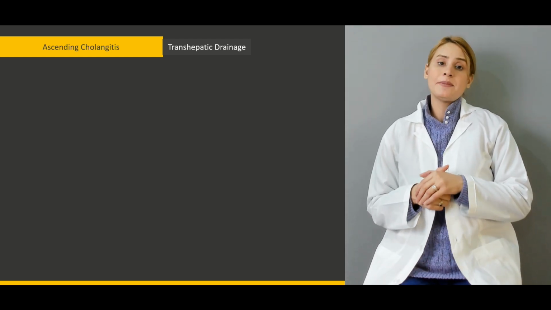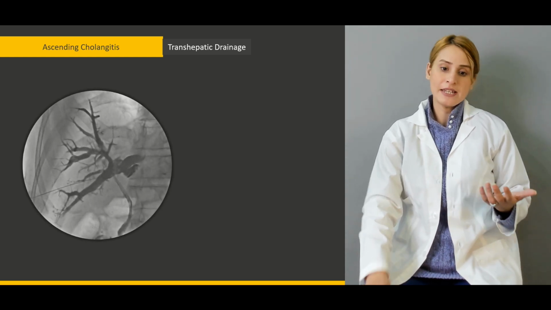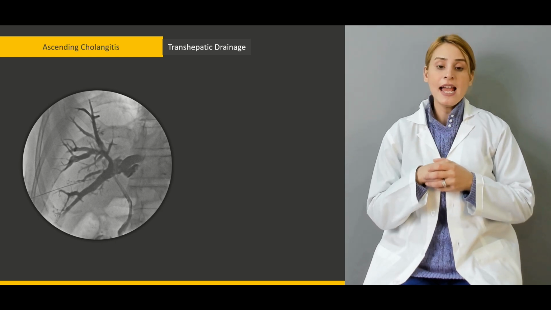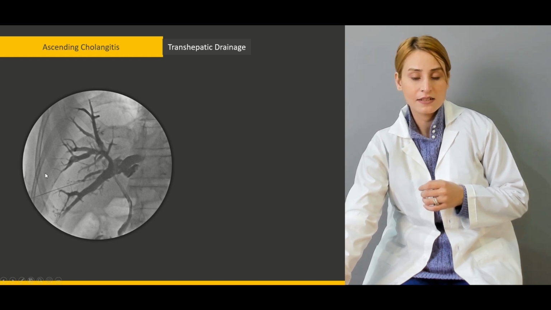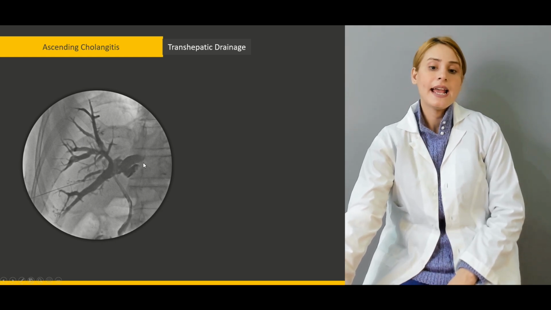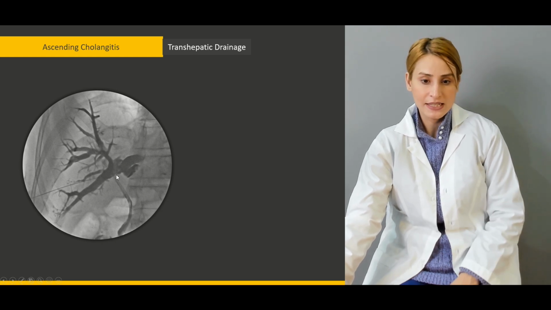Now, talking about the transhepatic drainage, you do the CT visualization, and under that you can see this is the common bile duct, right? This is the cystic duct. These are the common hepatic ducts. This is the gallbladder along with the cystic duct, and the cystic duct along with the common hepatic duct makes the CBD.